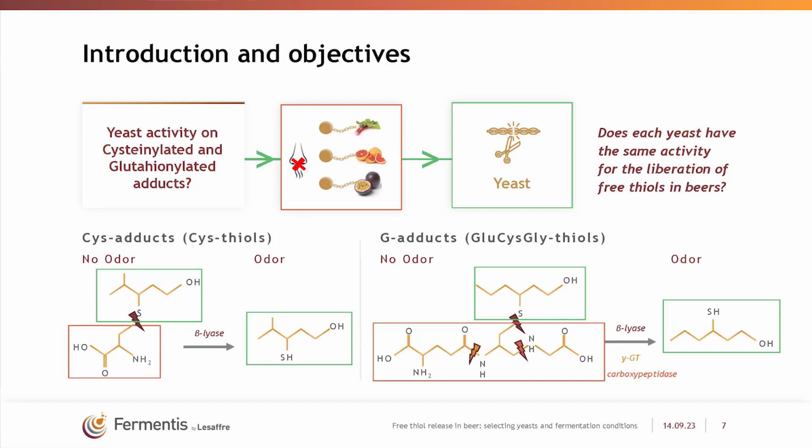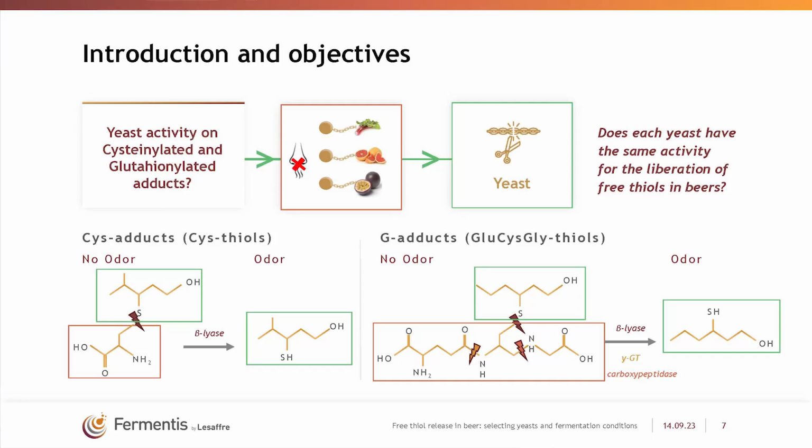This chain can be either cysteine, here on the left-hand side, or glutathione. Those are amino acids, here a chain of amino acids, here one amino acid. When the cysteine or the glutathione is bound to a thiol, you don't perceive it in a beer. It is not aromatic.